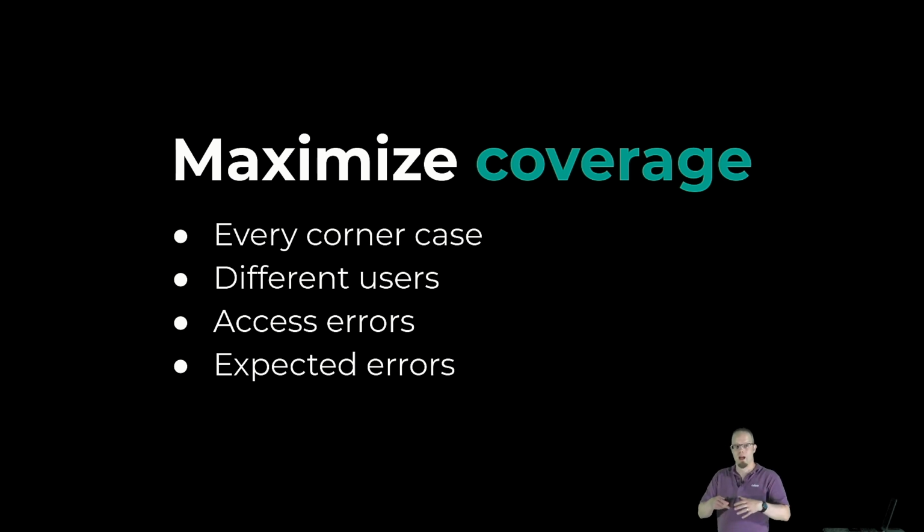And actually, access errors or security errors are one type of error, but every kind of mistake can happen. Every kind of failure in the system should be tested. Like you want to process a delivery order, but you don't have enough products in stock. In such a case, you should not be able to deliver a product if it's not in stock. You need a test for that case to make sure this never happens.